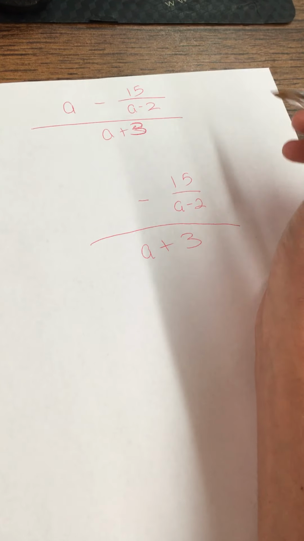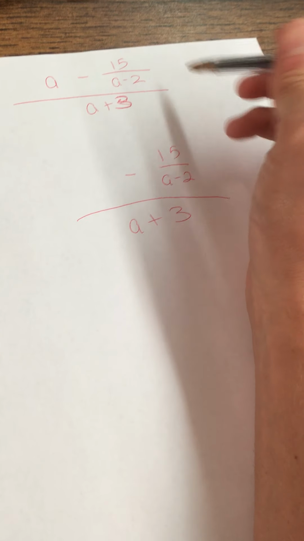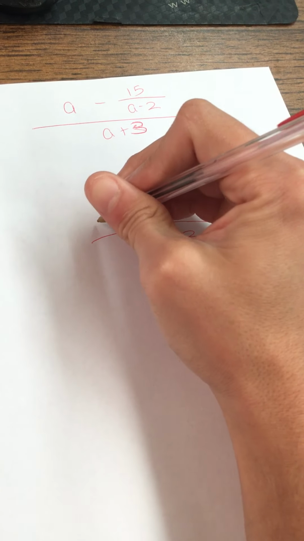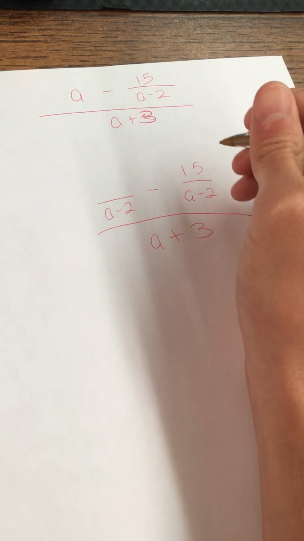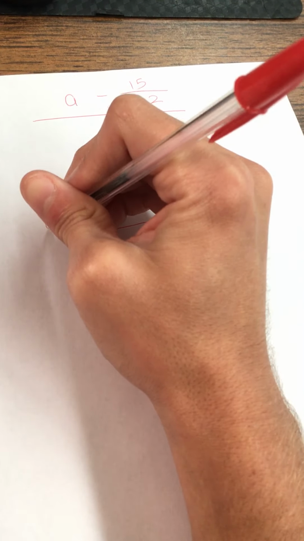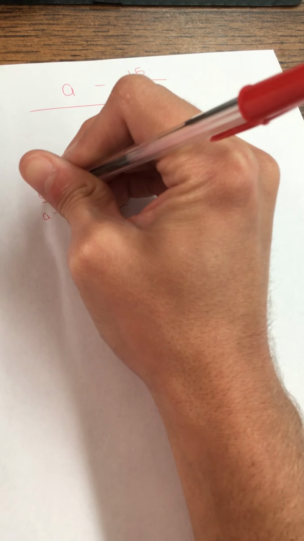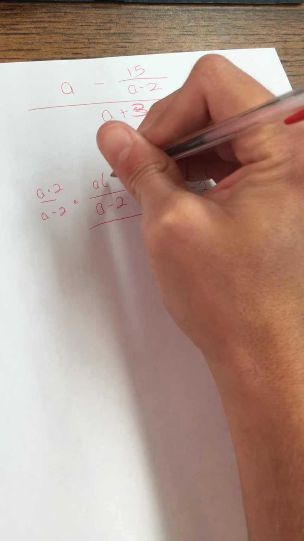It's just a minus 2. Because if we factor out 1 and a minus 2, we're going to get a minus 2. So we know the bottom part is automatically what? A minus 2, because we're multiplying a minus 2 times a minus 2. So we're going to get a times a minus 2.